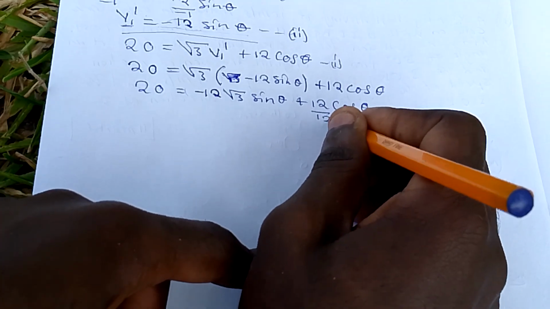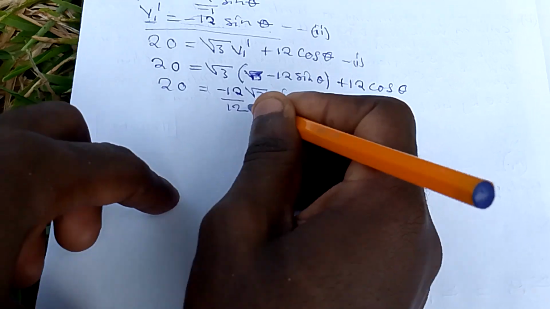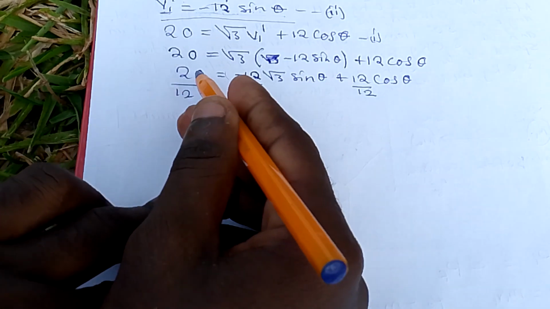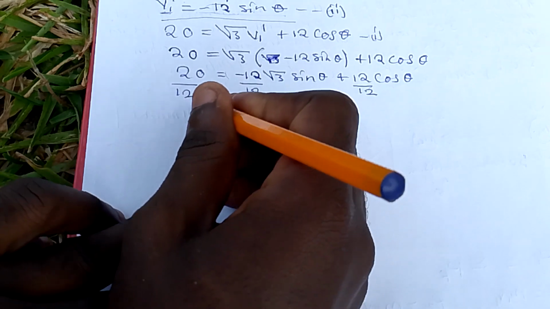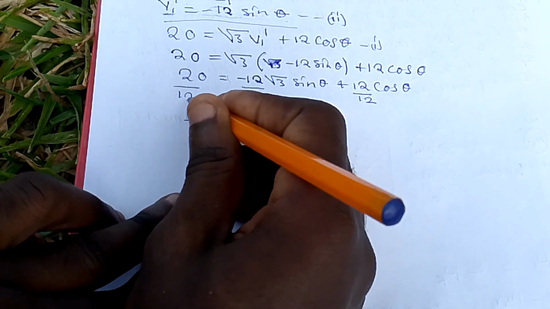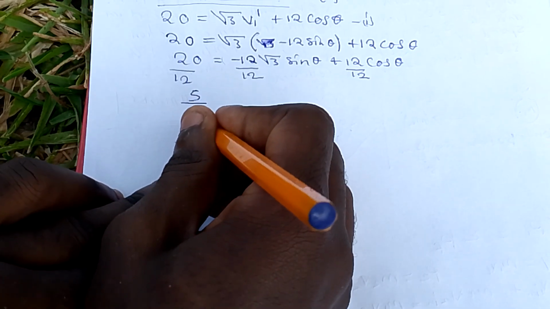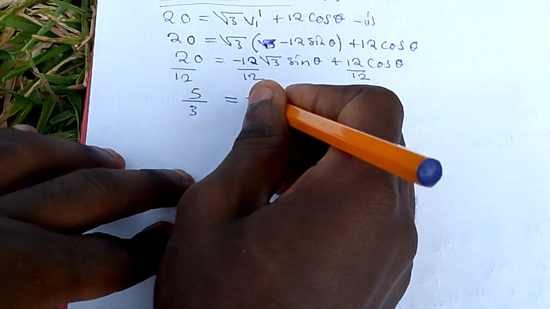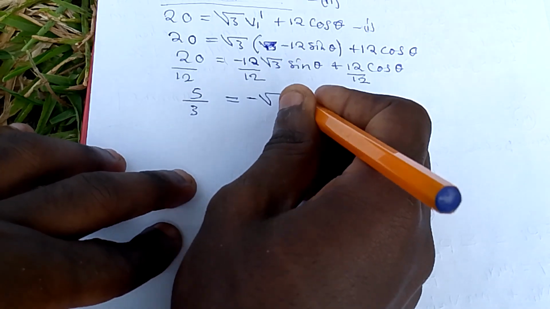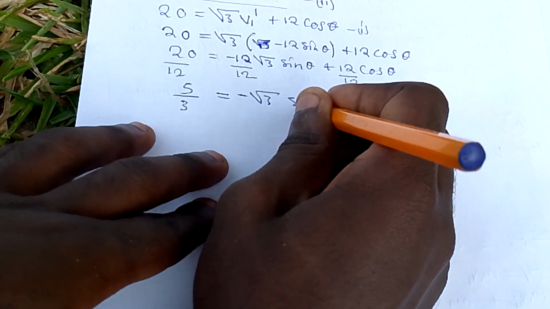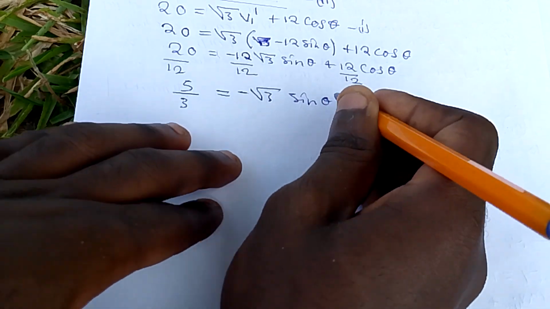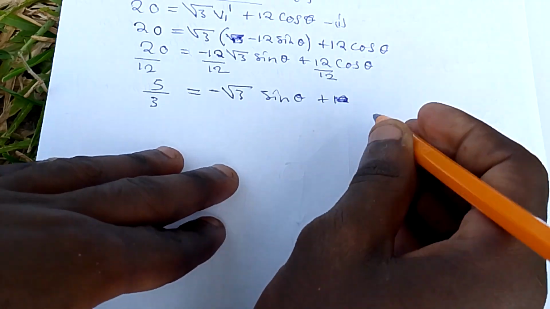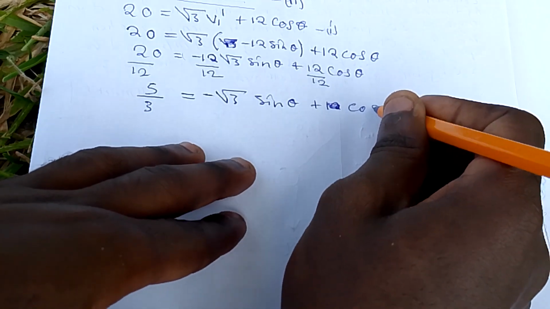When you simplify, 4 into 20 is going to give us 5. 4 into 12, that is 3, equals to negative 12 over 12, that is negative 1 square root of 3 sine theta plus 12 over 12, that is 1, so cos theta.